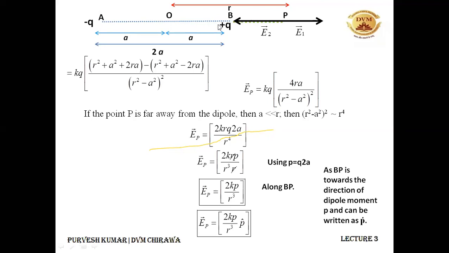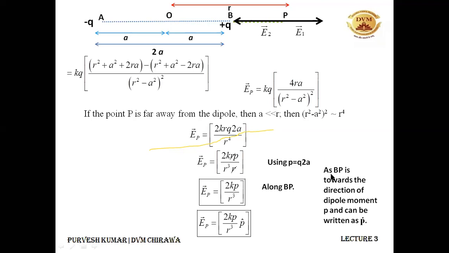A unit vector in the direction of P is from minus Q to plus Q charge, and this net electric field is also in the direction of BP. That's why I have written it as P cap. This P cap gives it a direction which is in the direction of the electric dipole moment.